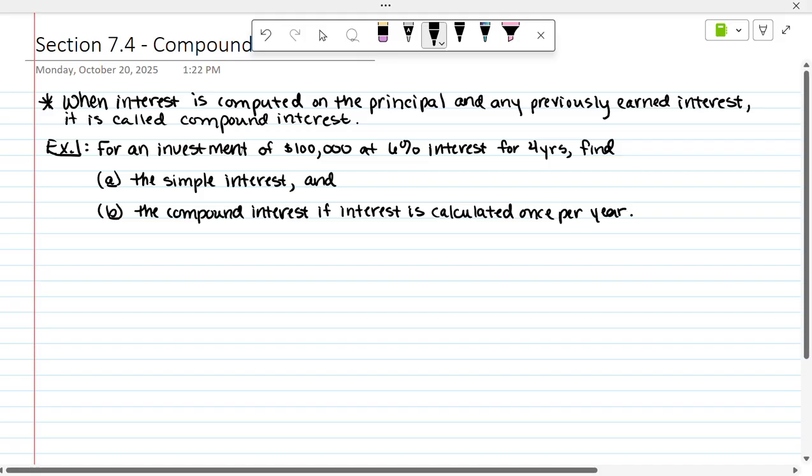Okay, so let's start off with A, the simple interest.